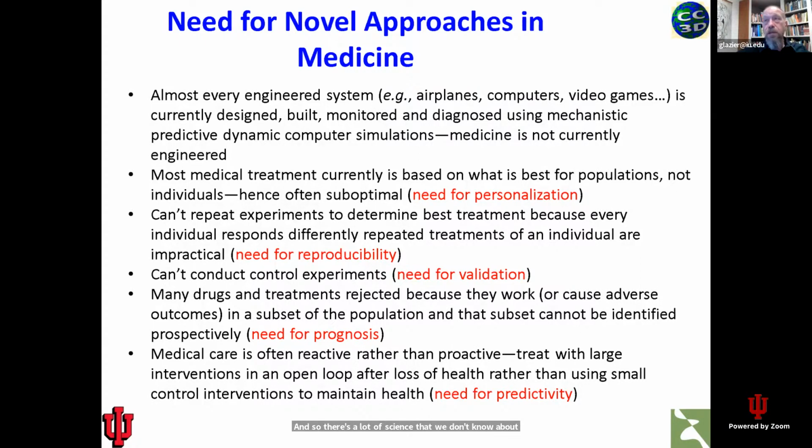One problem that we run into is that medical treatment, even with the current terminology of precision medicine and personalized medicine, is still really based on population averages. It's not optimal for any individual.